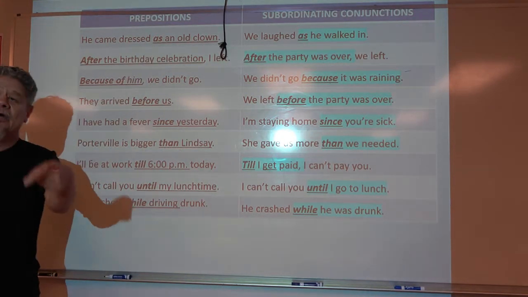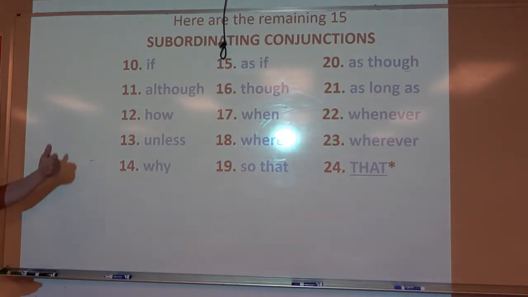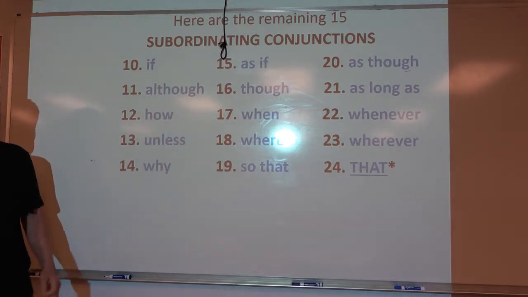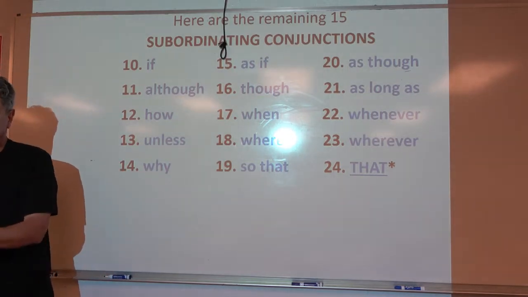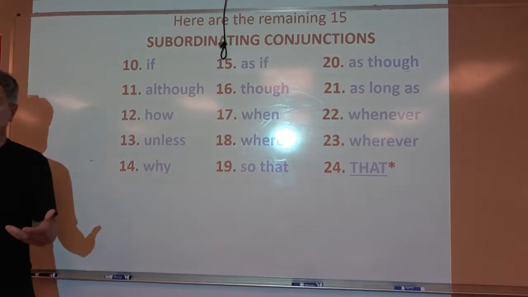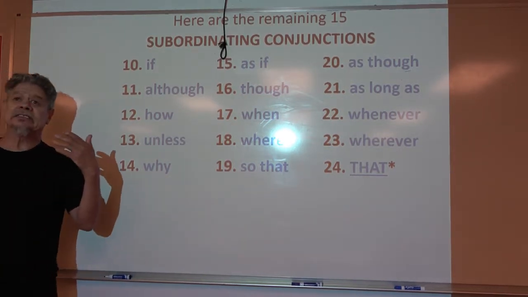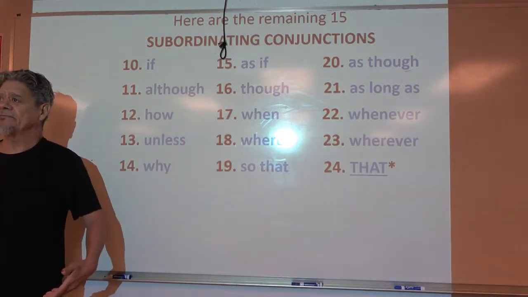Okay? So now I'm going to show you the other 15 subordinating conjunctions. And I'm going to show you examples that show you how in a sentence you can have 2, 3 dependent clauses side by side. Okay?